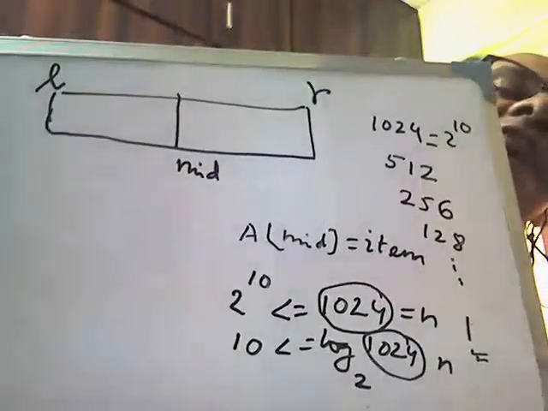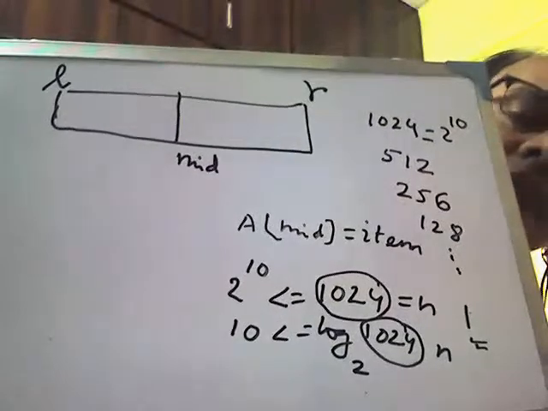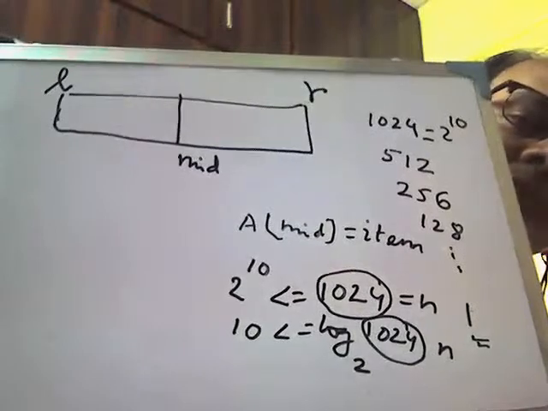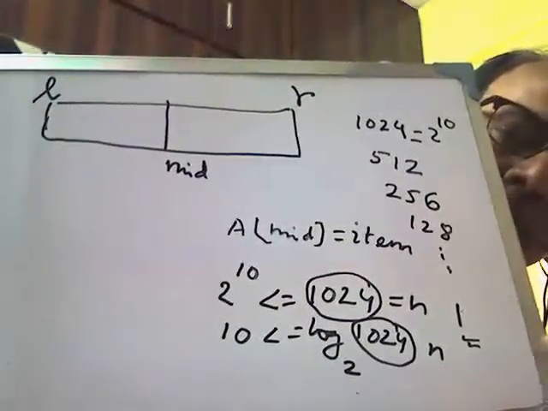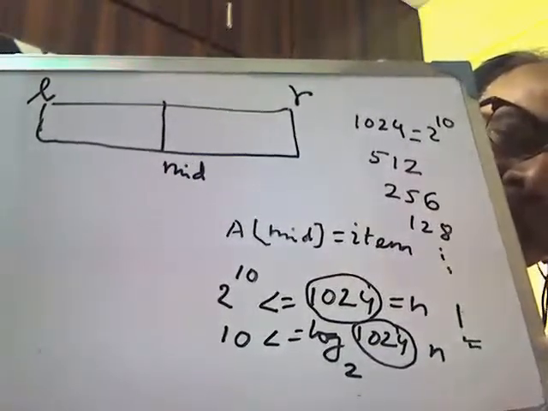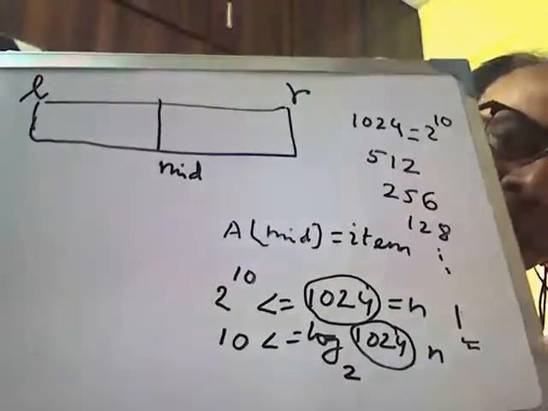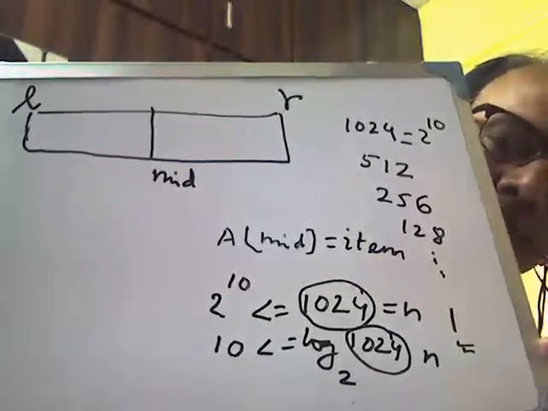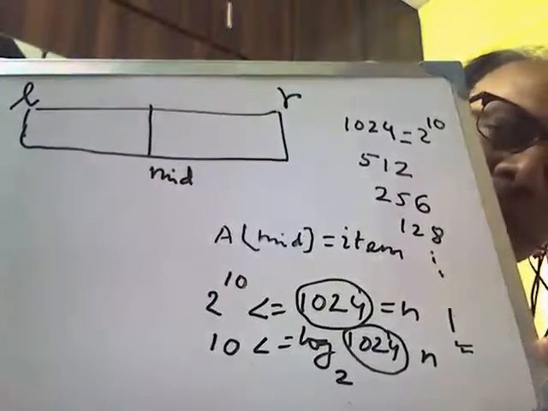Yes, R is the highest index value of the sorted array. Any more doubts? I'm here.